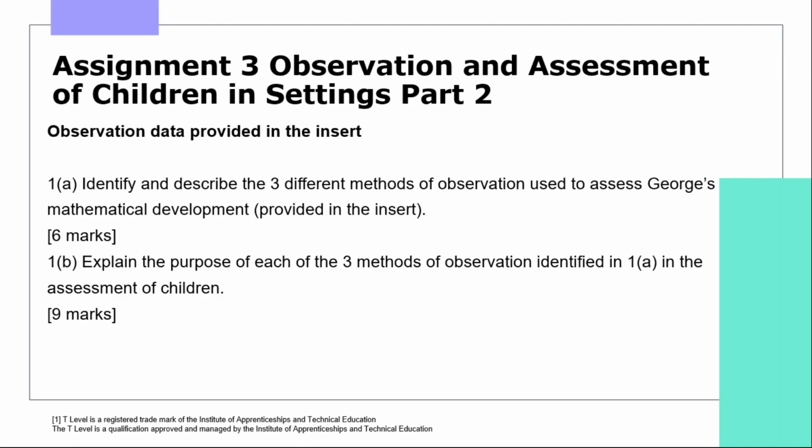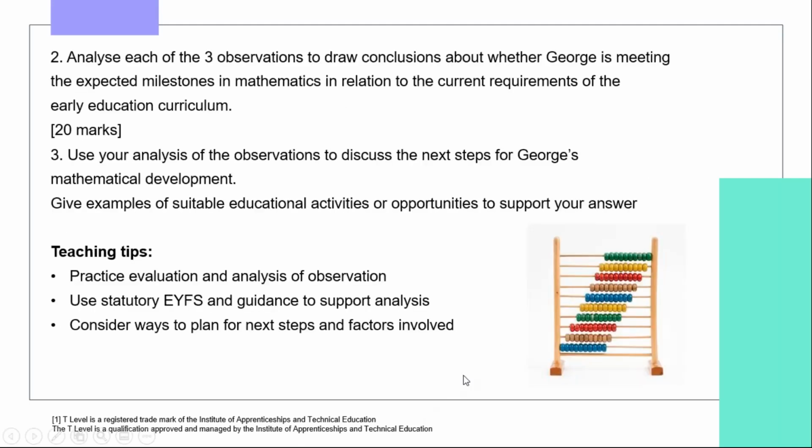So analyze each of the methods to draw conclusions about whether George is meeting the expected milestones in his mathematical development in relation to the current requirements of the early education curriculum. Very important now that we start to think about this. Use your analysis of the observations to discuss the next steps for George's mathematical development, giving examples of suitable activities or opportunities to support your answer, to support the students in their response.